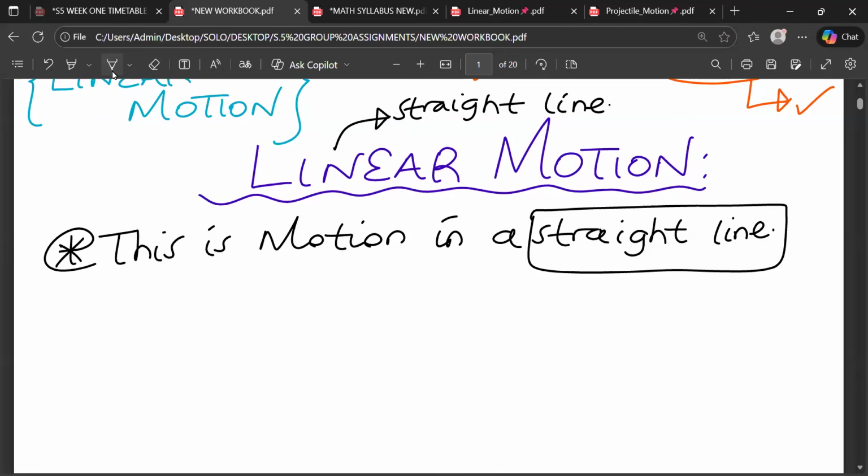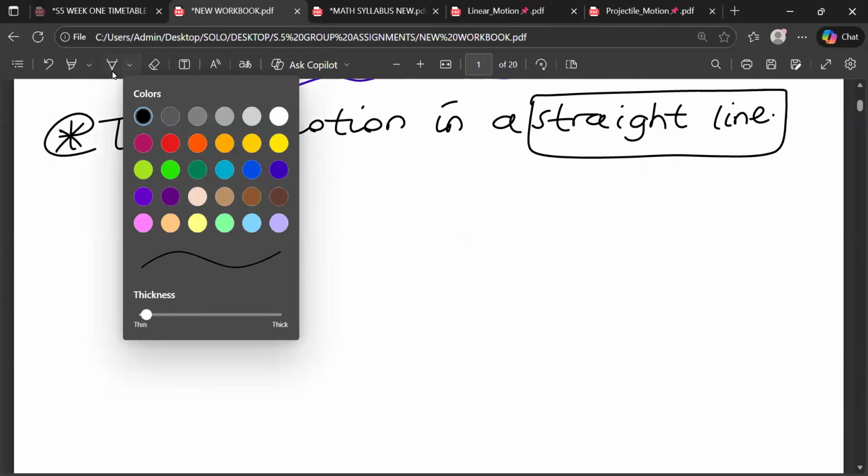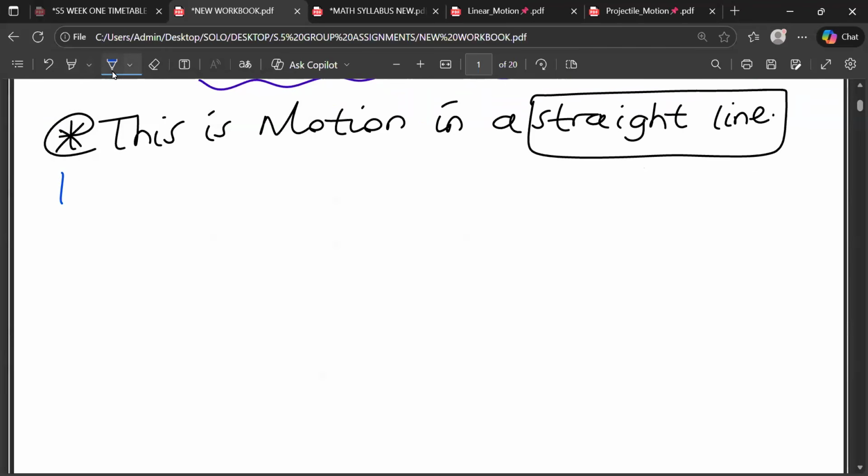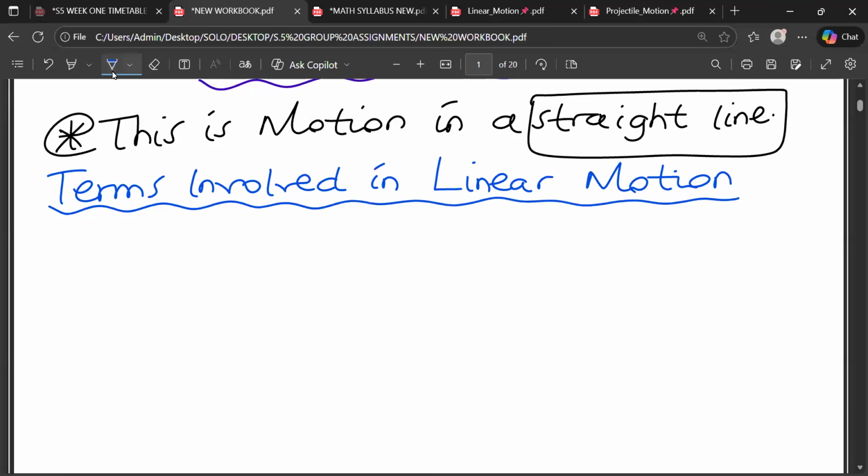Okay, so let me give you those terms here. If you can resolve these terms, you're good to go. These are the terms involved in linear motion. So when we resolve them, you're going to just enjoy.